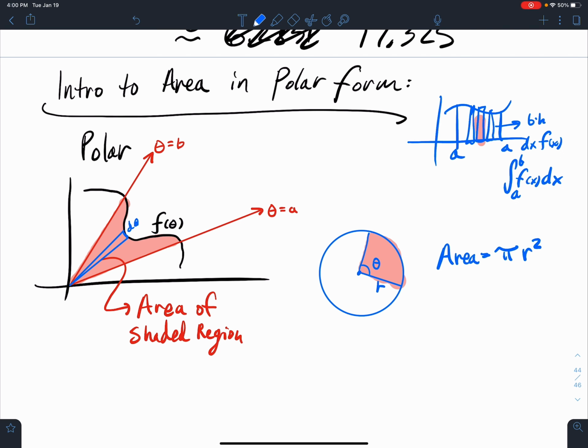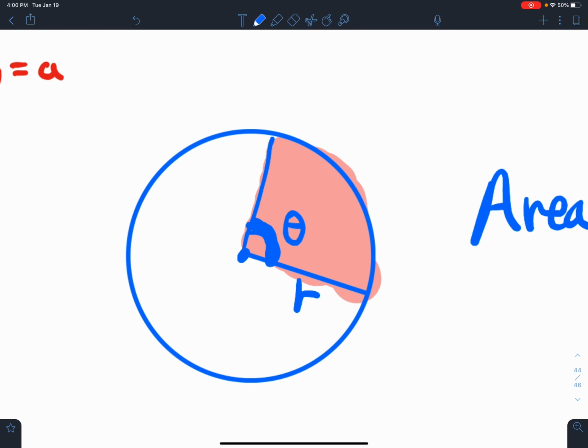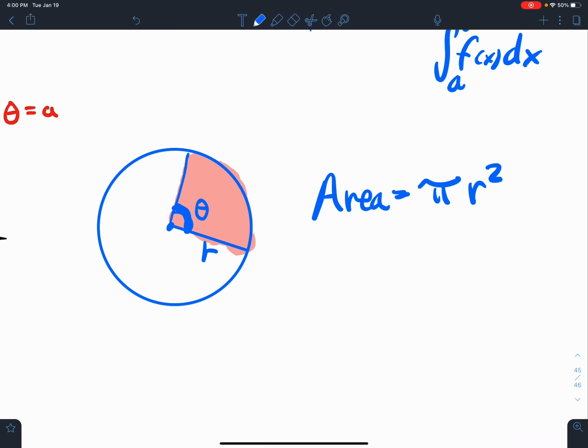But we don't want the entire circle, okay? We just want the angle theta of this circle. All right, so let's think about the angle theta. Well, how many degrees is in a whole circle, right? So in an entire circle, we go all the way around 360 degrees for a whole circle. 360 degrees is the same as 2 pi, okay?